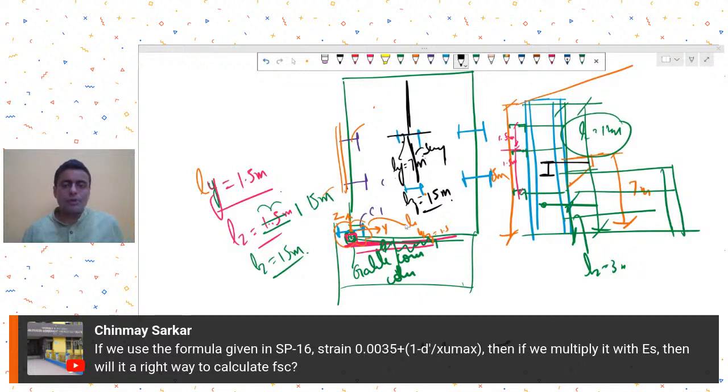That means for your provided reinforcement arrangement, you do the C equal to T calculation and then find out the stress strain curve and then proceed. For this, you can refer to the Pillai Menon book, where they have solved a few examples using the first principles of stress strain compatibility.